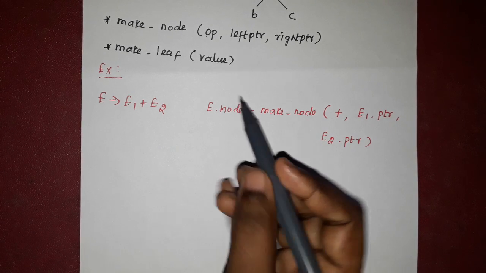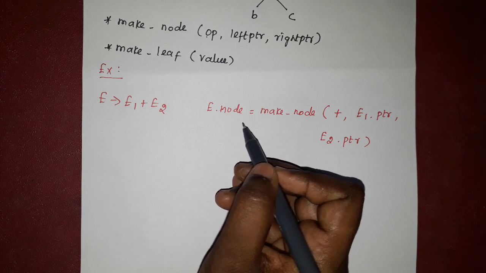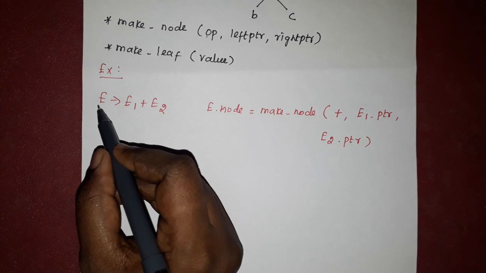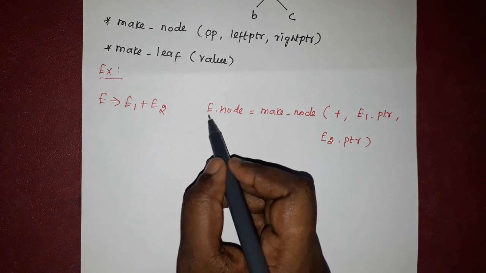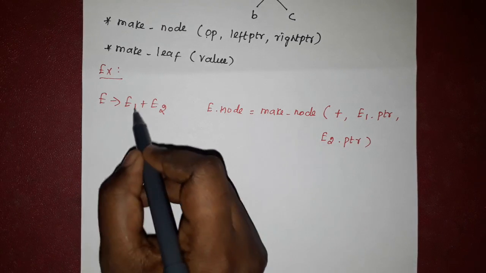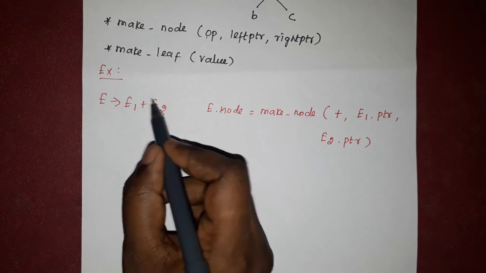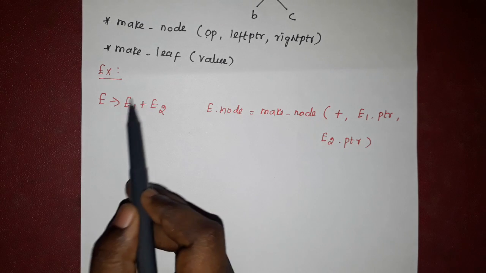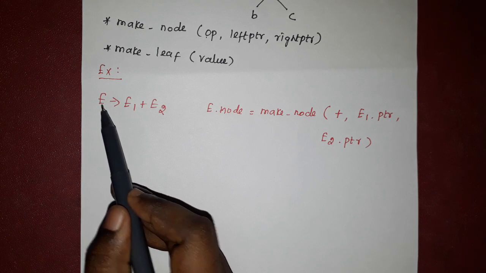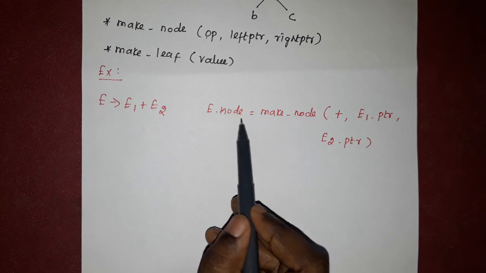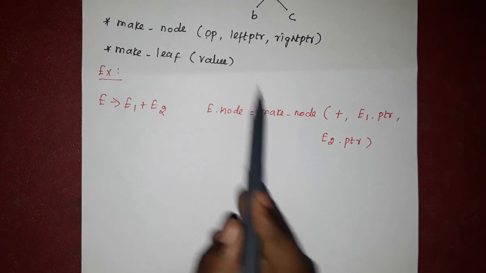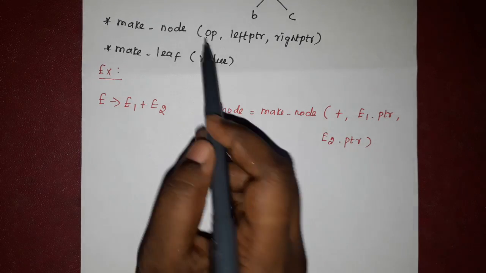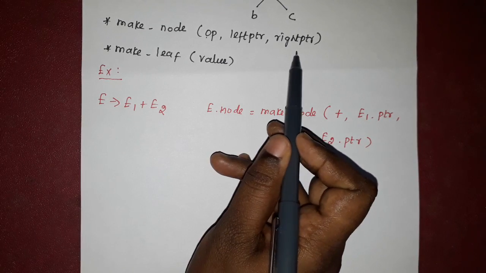E dot node is nothing but the node we are going to construct for this expression E. So I am going to write E dot node is equal to make node, within which there are three elements: operator, left pointer and right pointer.